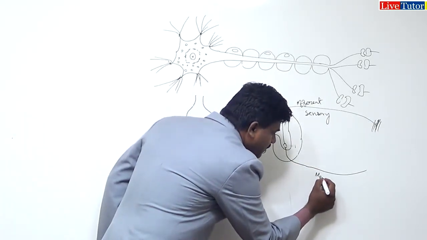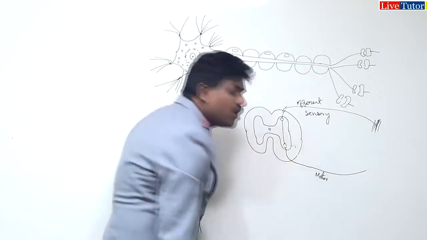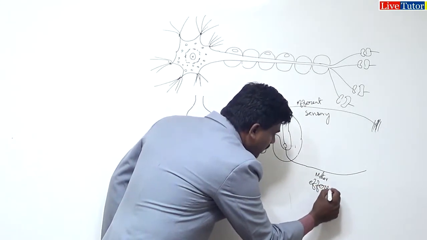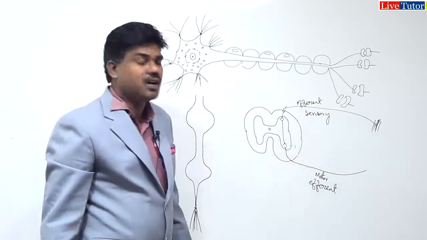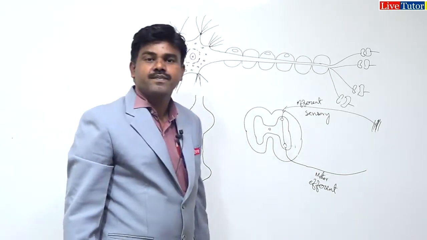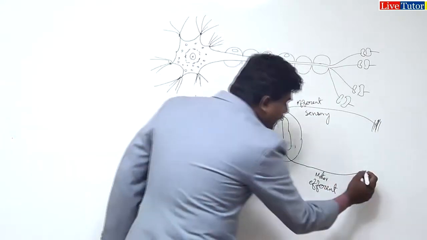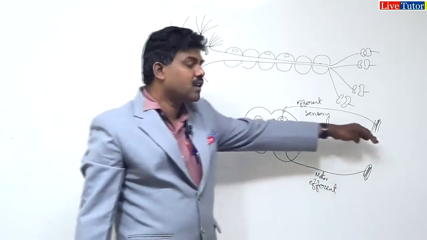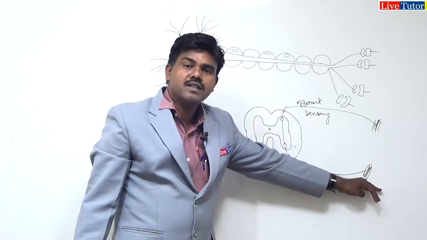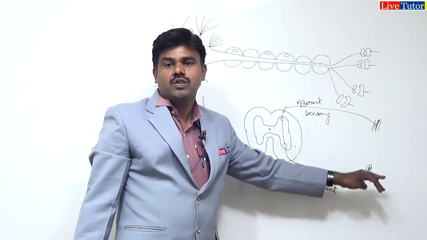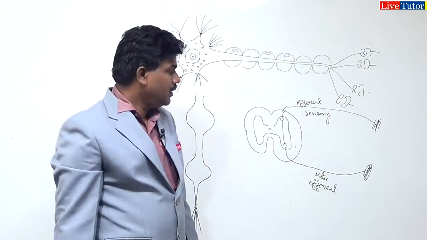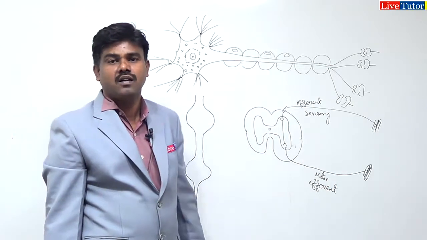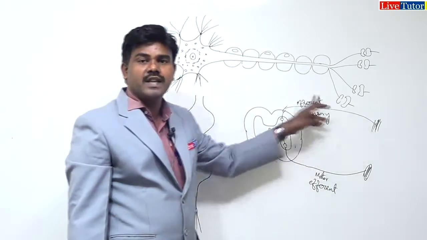The orders are transferred by means of the motor neuron, also called the efferent neuron, which carries the messages to a muscle, the effector organ. So the effector organ may be a muscle. So we can pull back our hand when we touch a hot object. This is called a reflex arc.